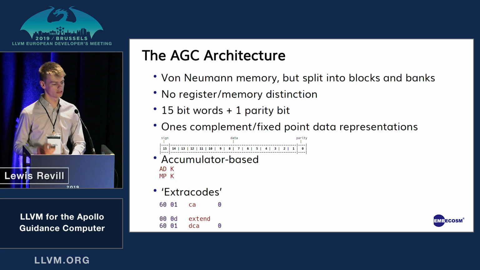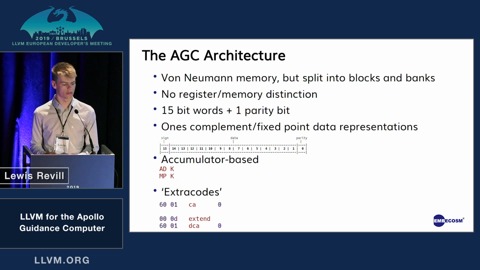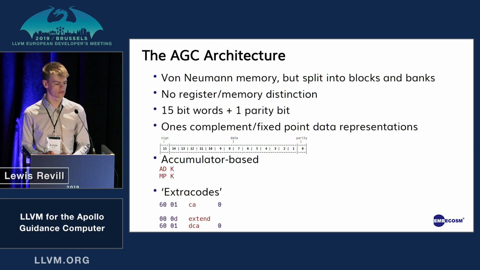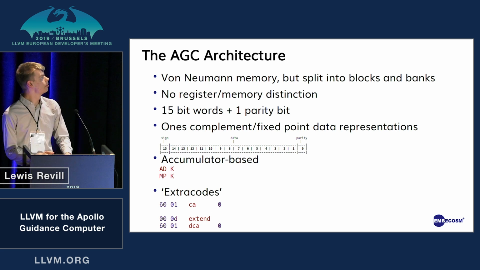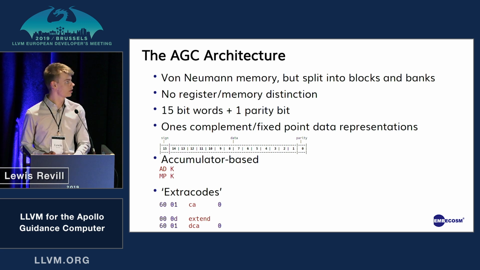So quick bit about the actual architecture. The memory was von Neumann memory, but it was split into blocks and banks, which had to be dynamically switched between using an instruction. The memory and registers had no real distinction. It was basically just one huge block of, I think, about 4,096 locations.